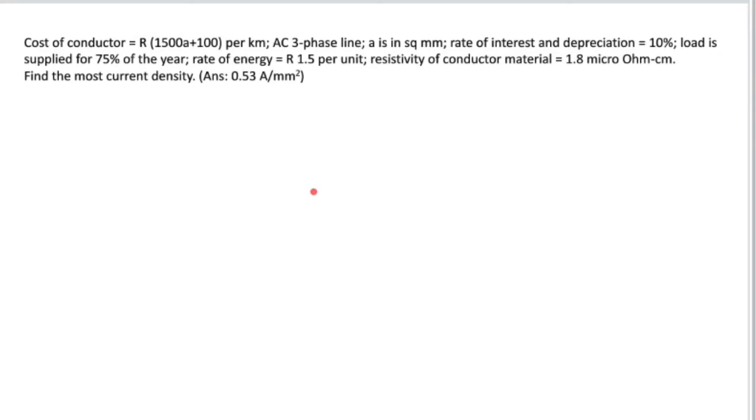And then the energy wastage cost will be 3I squared R, where R is 1.8 into 10 to the power minus 6 over A, times L times 10 to the power 6, since L kilometer is converted to millimeter, and then 0.75 for 75%, 8760, times 10 to the power minus 3 times 1.5. So L is going to be cancelled out when you equate the following step.